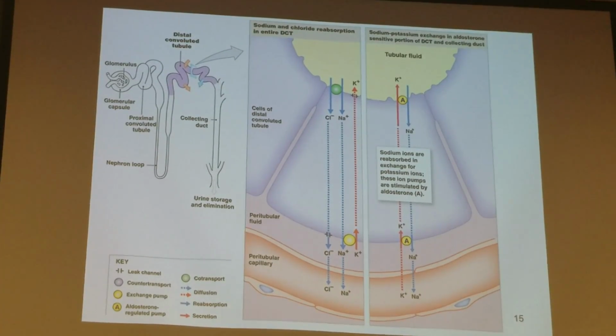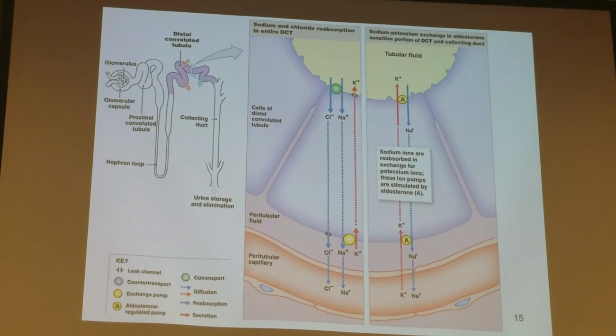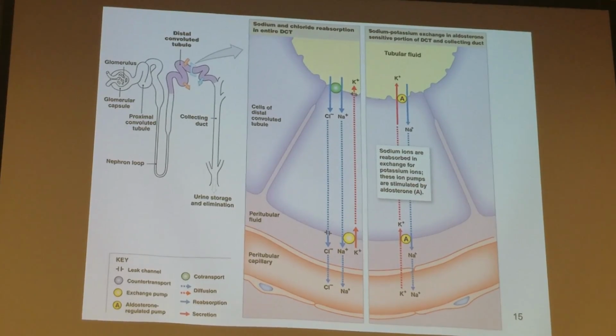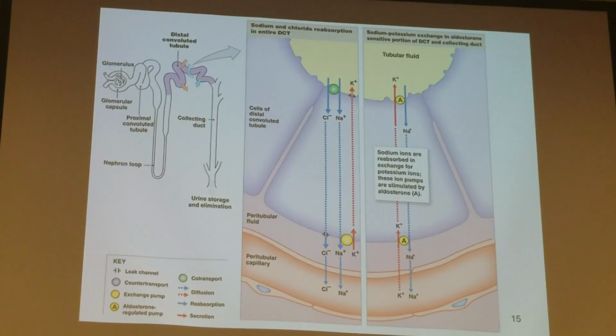You're going to tell me that it puts more sodium and potassium leak channels in the apical membrane and more pumps in the basal. That's what it does. That's its function. More sodium and potassium leak channels in the apical membrane and more pumps in the basal. That's what it does.